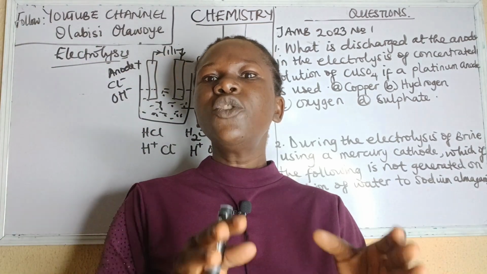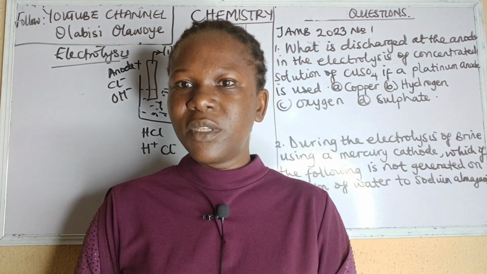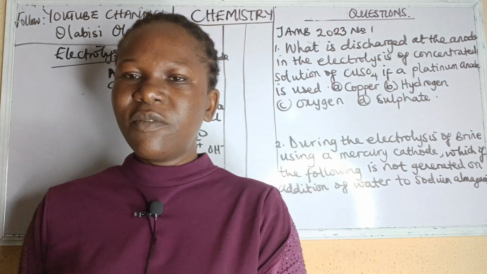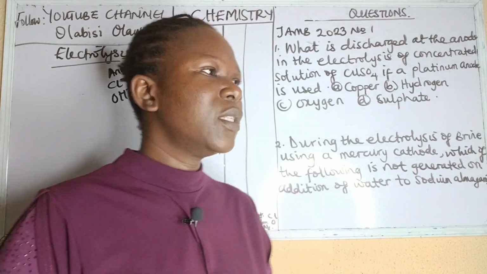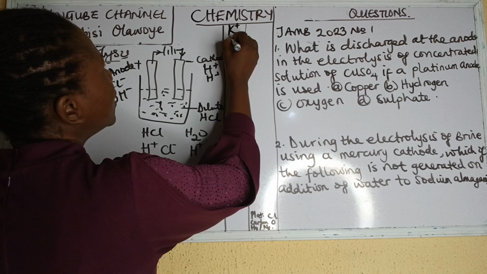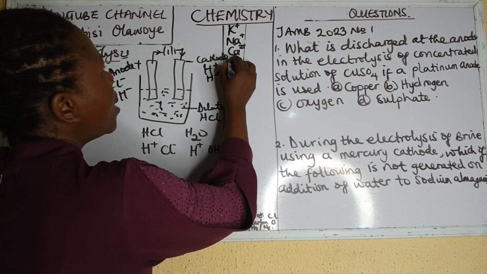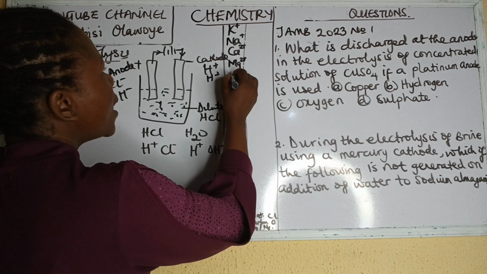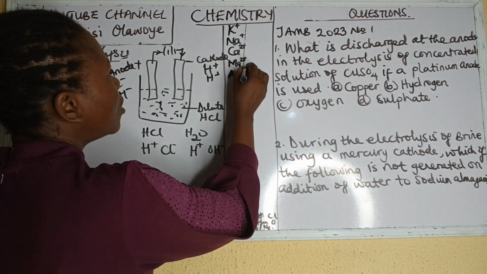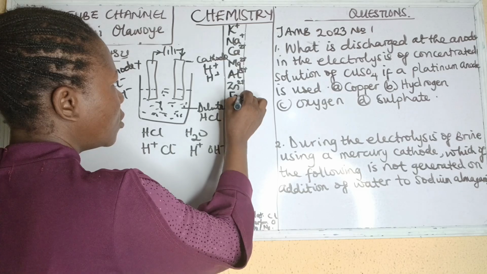At this point, we need to know the arrangement of metals according to their reactivities, and the arrangement of negative ions according to their reactivities, using this acronym. Popular, that is K, potassium. Scientist, sodium. Can, that is calcium. Make, magnesium. Zu, aluminium. Zu, zinc. In, that is iron.